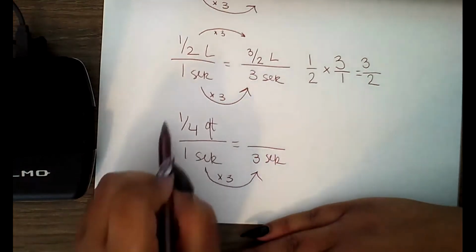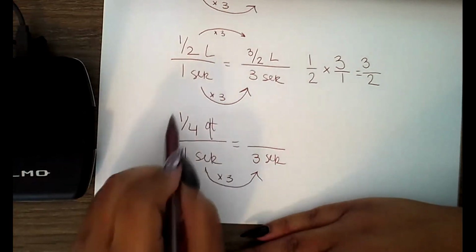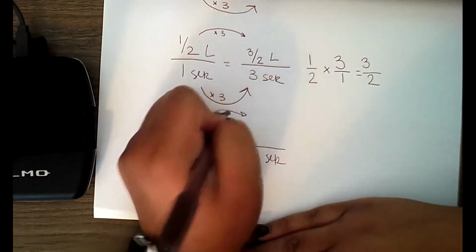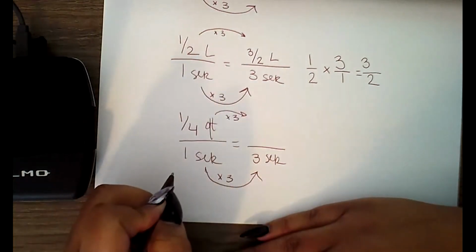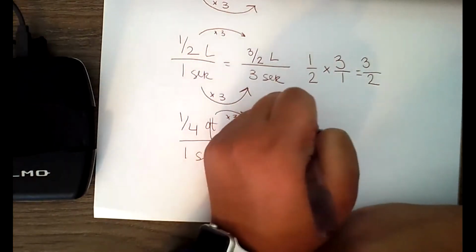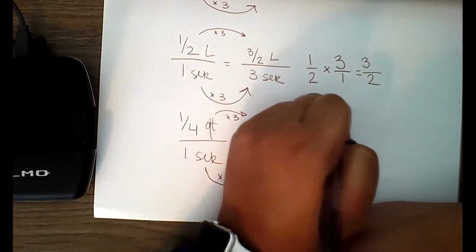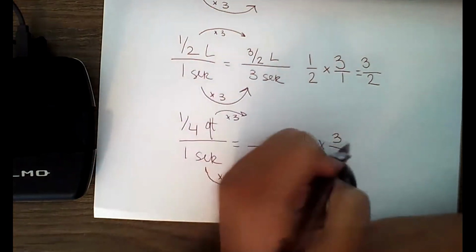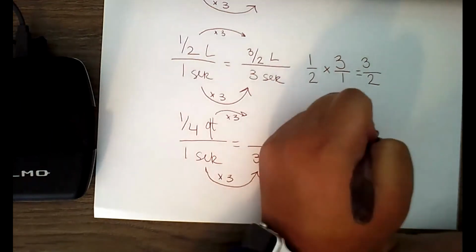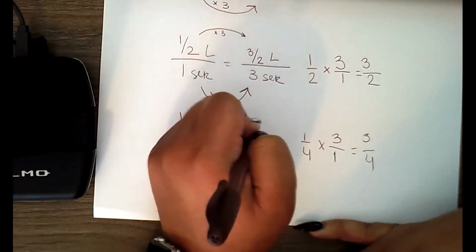And what am I going to do to this fraction right here? You're right. I'm going to multiply by 3. So again, as I multiplied my fractions before, I'm going to take 1/4 times 3. Remember, my 3 goes over 1, and I'm going to multiply across. So I have 3/4.